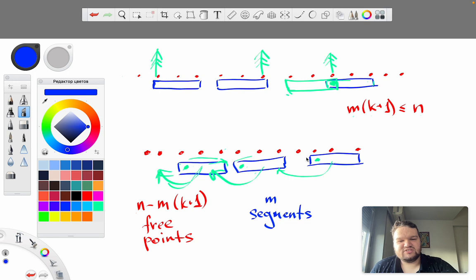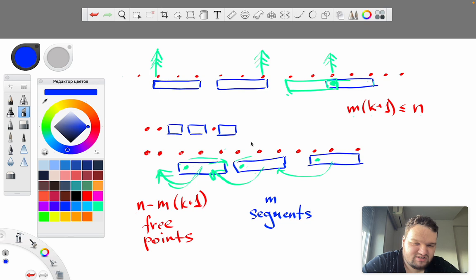For example, for this order, we will have first 2 points, then 2 segments, then 3 points, then a segment. And if we know this compressed order, we can uniquely restore the actual positions of segments because we know their lengths. And the number of ways to choose this is just a binomial coefficient.